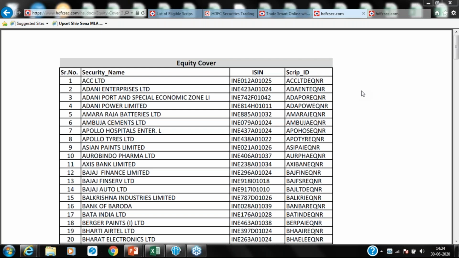Mr. Vivek Gupta has a question. Why is the cover order required for selling since the equity is already with you? Mr. Vivek, this is the concept known as short selling. I believe you're not familiar with the short selling concept. The people who do intraday trading use short selling to express their bearish view on the market.